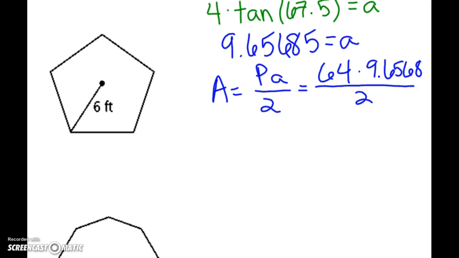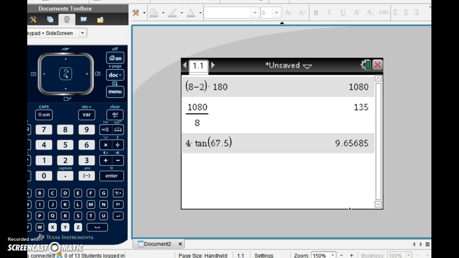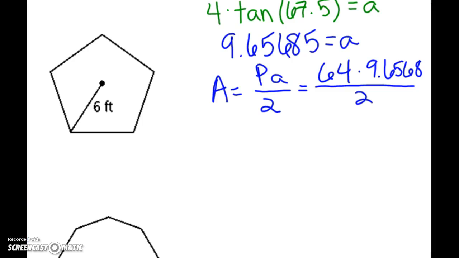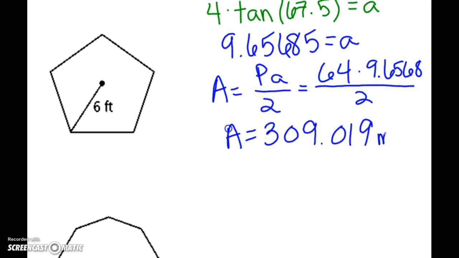I'm going to use the numbers stored in my calculator for the apothem when I calculate this. I end up getting 309.019, and my units are meters squared.